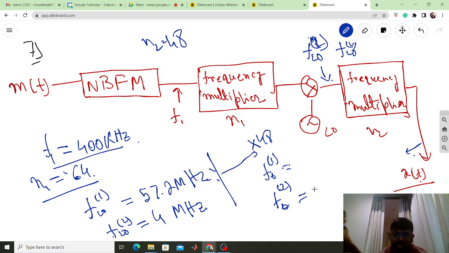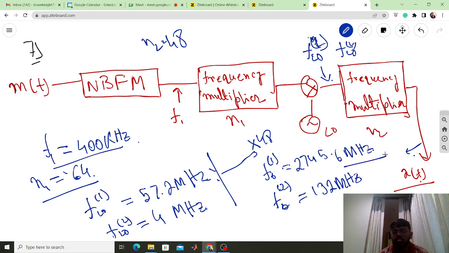So the first one becomes 192 megahertz and the second one becomes 2745.6. So this is the summary of this block diagram.